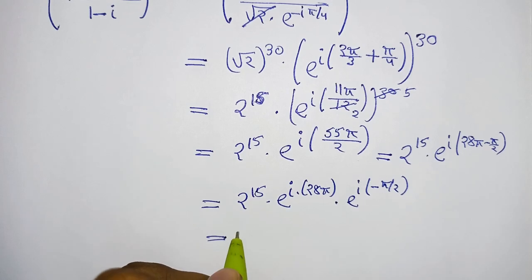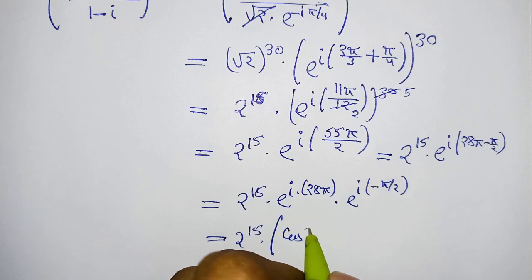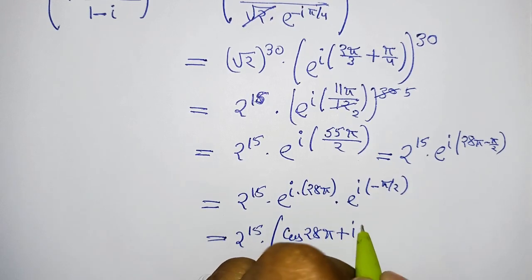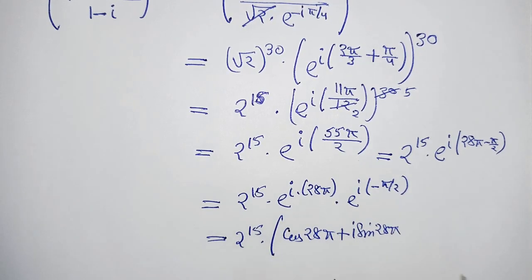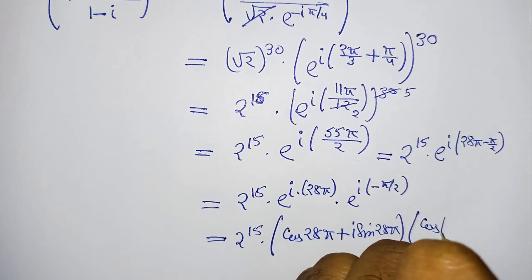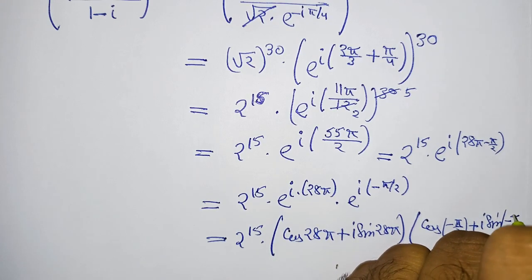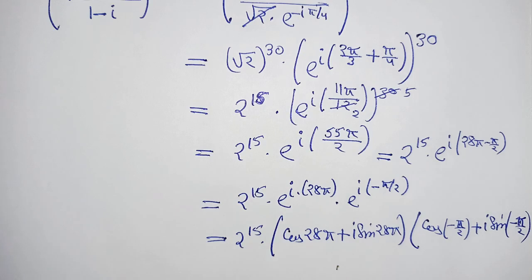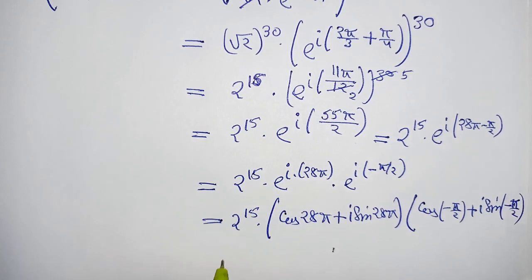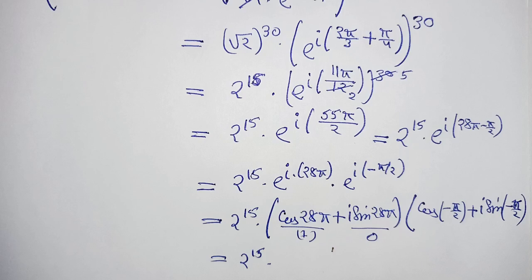So this is equal to 2 raised to power 15 into, this whole part can be written as cos 28 pi plus iota sine 28 pi into, and this part can be written as cos minus pi by 2 plus iota sine minus pi by 2. So finally we have 2 power 15 into, this whole part will be 1 and this whole part will be 0, because this is the multiple of 2 pi.